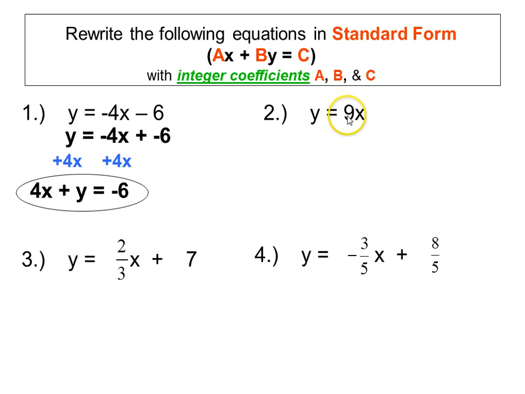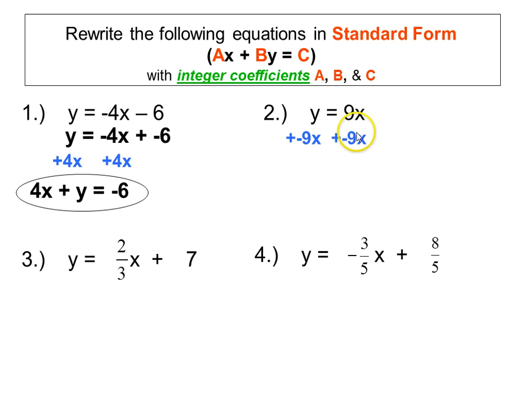Number 2, we have y equals 9x. Once again, not in standard form because x and y are not on the same side of the equation. So what I'm going to do is subtract 9x or add negative 9x. It's the same process there to get rid of this 9x from the right-hand side.